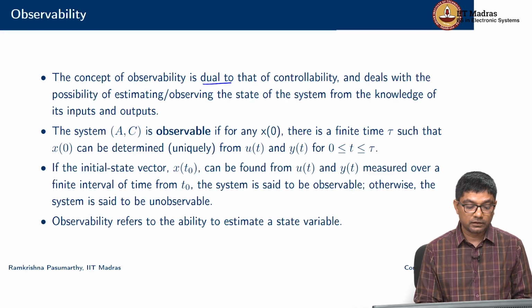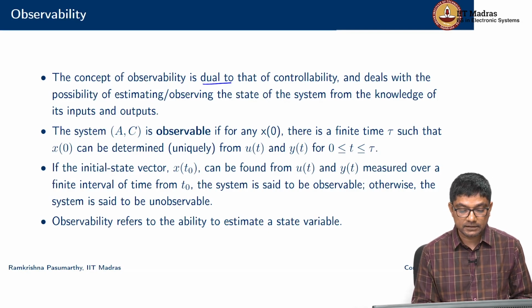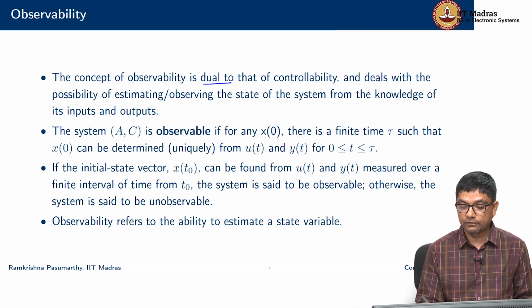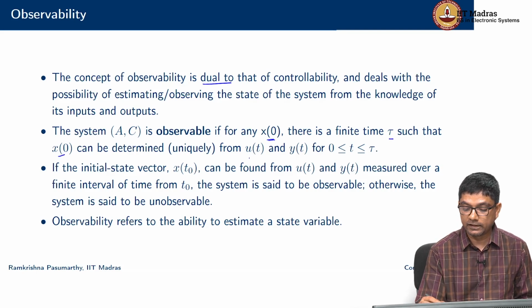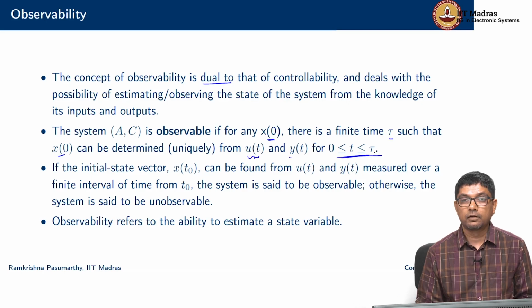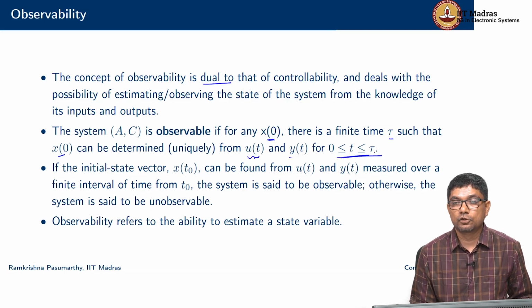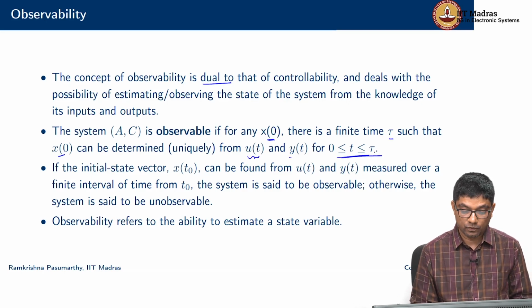The way we define observability is that a system (A, C) is observable if for any initial state there is a finite time tau such that x0 can be uniquely determined from u(t) and y(t) for t between 0 and tau.